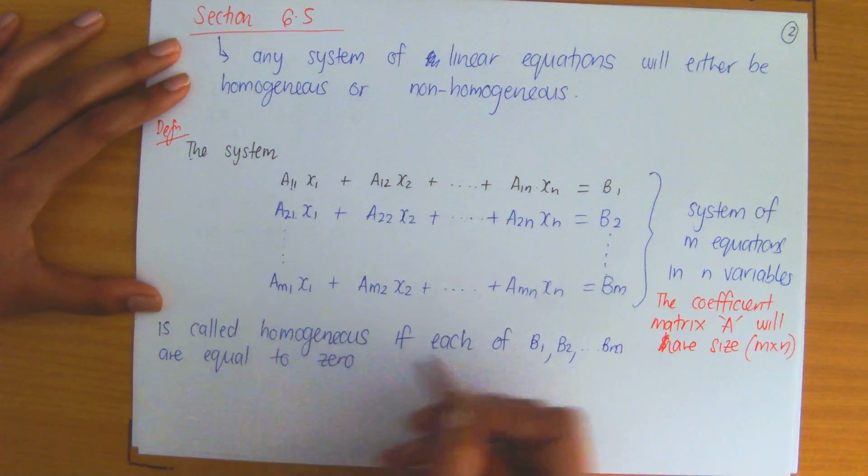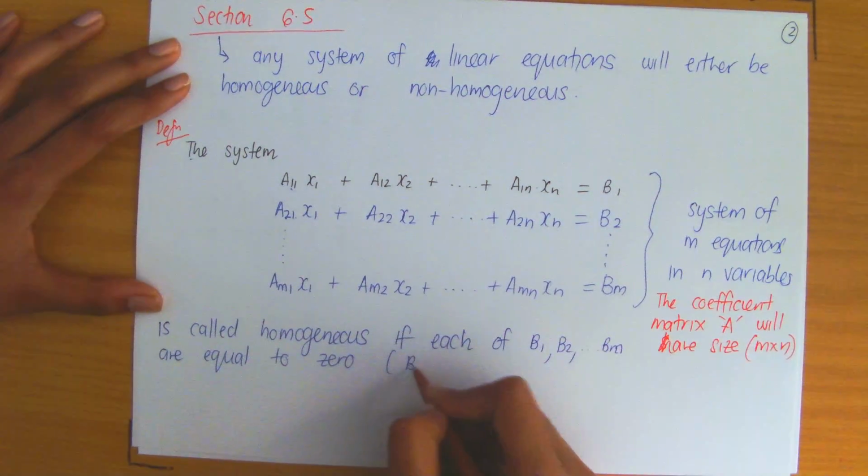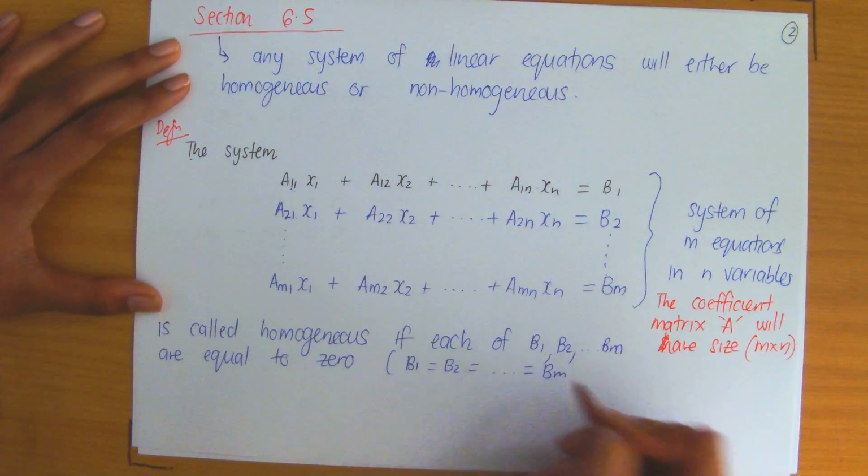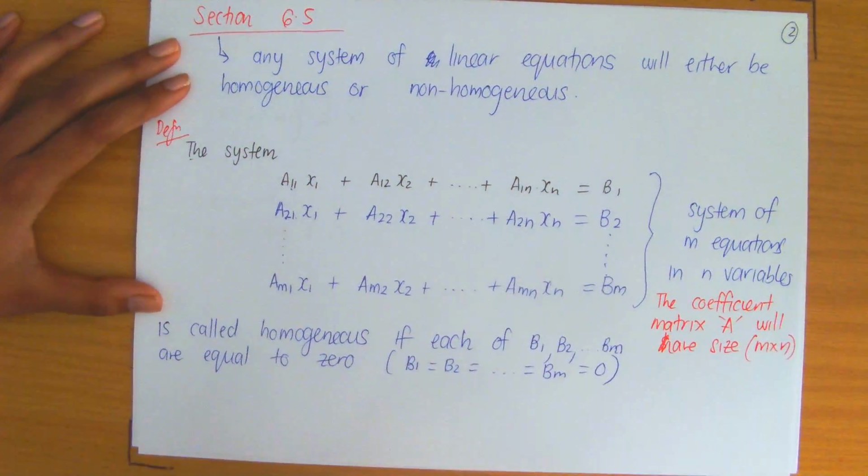Right, so just to write that down properly, we're saying that b1 equals b2 equals all the way up to bm, and they all equal 0.